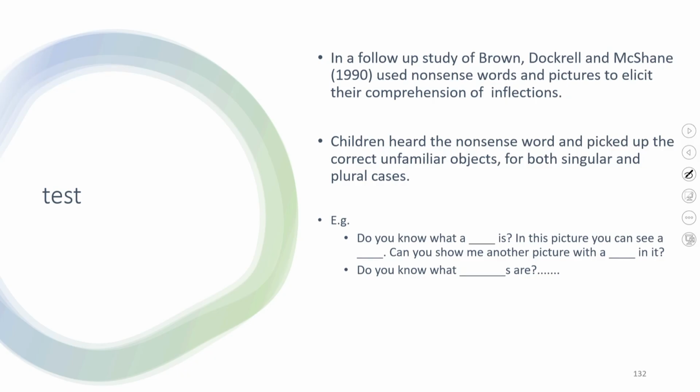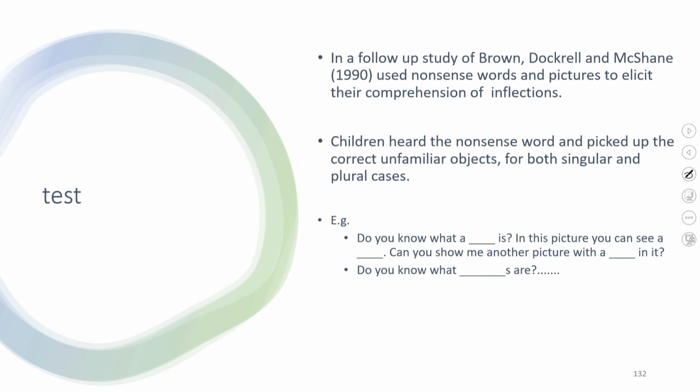In a rather well known study, which is a follow up study of Brown that we have referred to many times in this module, one particular study used nonsense words and pictures to elicit their comprehension of inflection. They attached a nonsense word to an unfamiliar object which the child does not know.